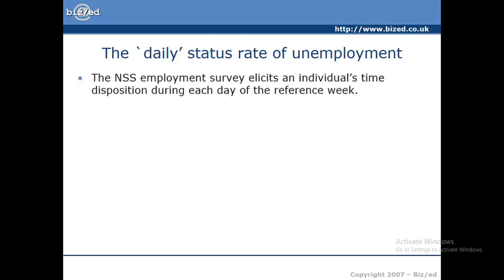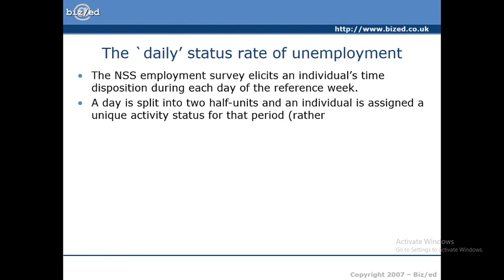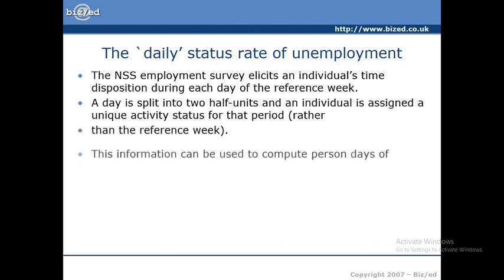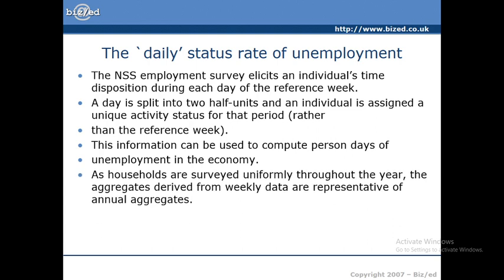Now the next one is the daily status rate of unemployment. The NSS employment survey elicits an individual's time disposition during each day of the reference week. A day is split into 2 half units and an individual is assigned a unique activity status for that period rather than for a reference week. Now this information can be used to compute person days of unemployment and the percentage rate of unemployment in the country.